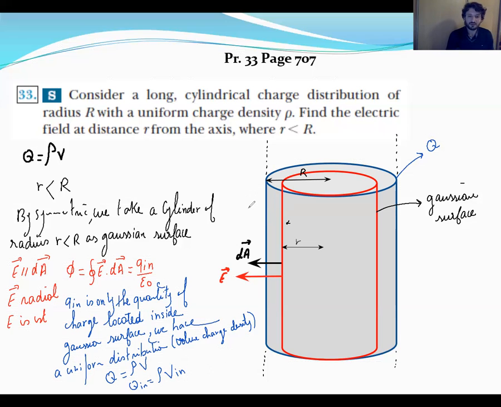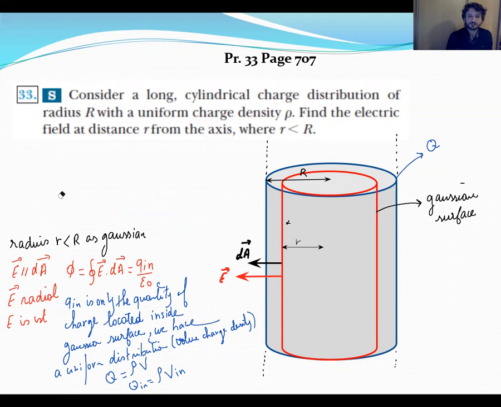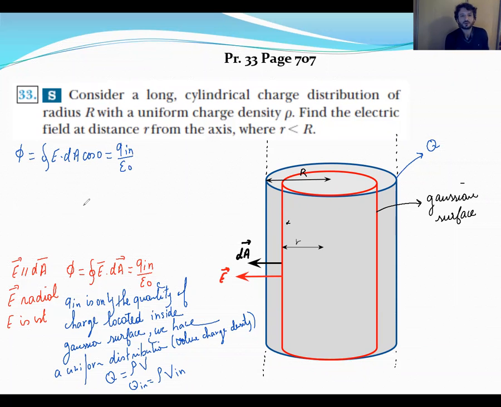Okay, now we have to calculate this value. Let's clean. So we can write the flux phi equals, the angle between E and dA equals 0, so cosine 0 equals Qn divided by epsilon 0.